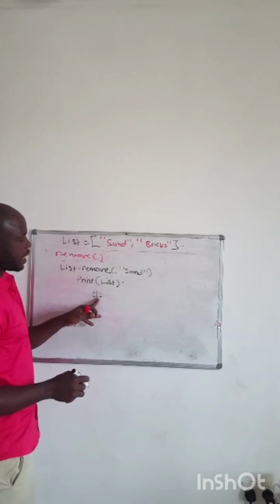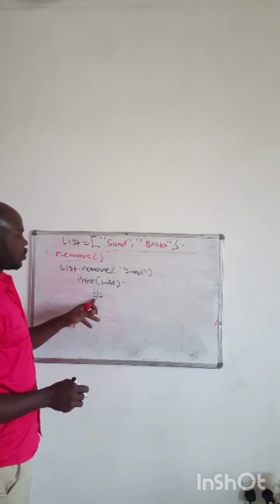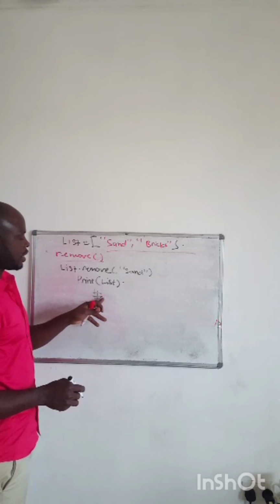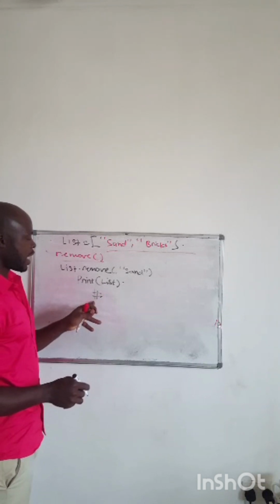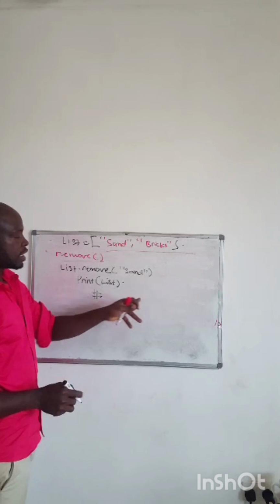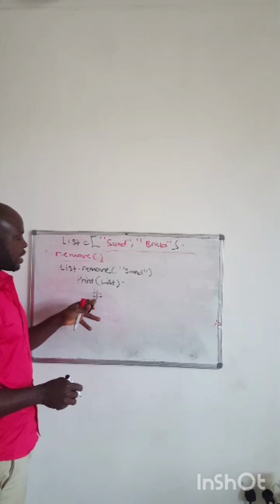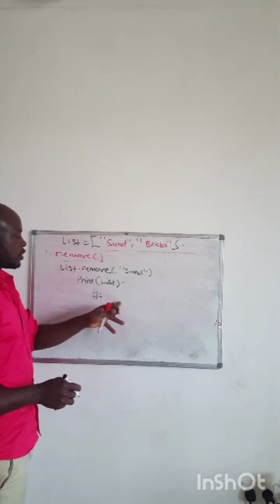Remember this hash sign, and it is for, so Python does not interpret statements that begin with a hash. That's why we use this hash for explanation in our code, because when Python comes and the statement begins with a hash, Python does not interpret it.